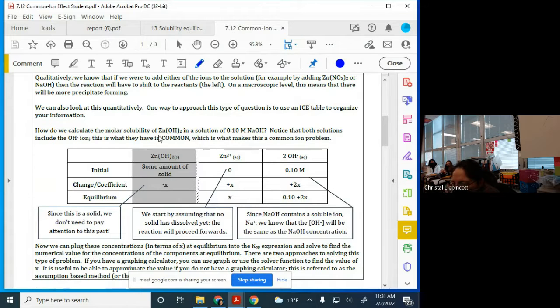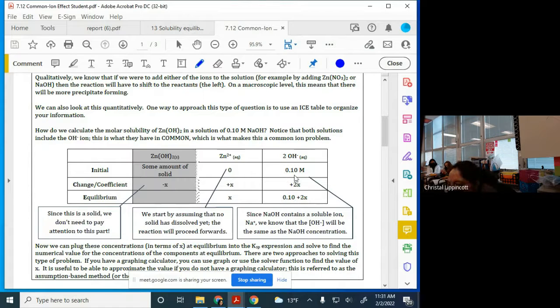We're adding zinc hydroxide into a solution that already has some sodium hydroxide in it. Remember, this is one of your strong bases. So it's already got 0.1 moles, assuming we have a liter here. It has 0.1 molar OH- floating around in there.